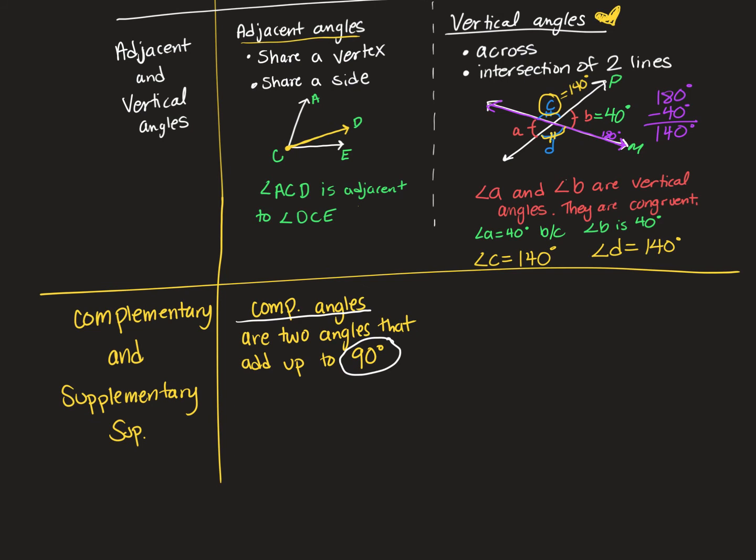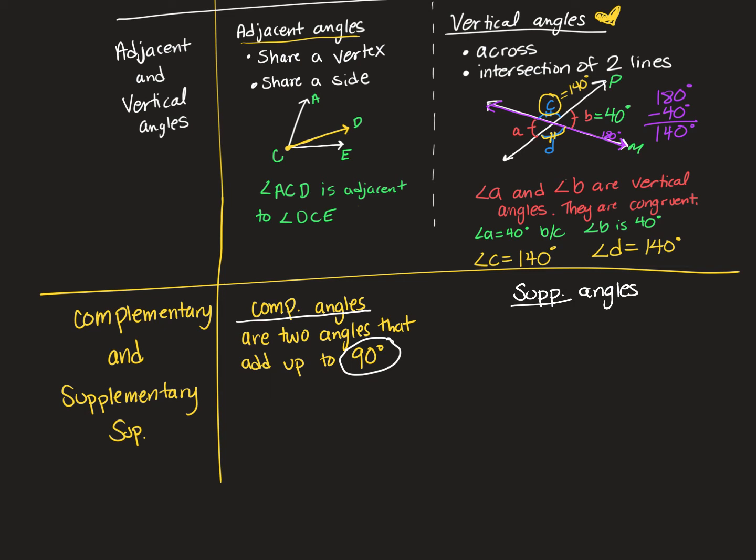So if complementary angles add up to 90 degrees, what do you think supplementary angles add up to be? Supplementary angles, I should have only put one P, but that's fine.